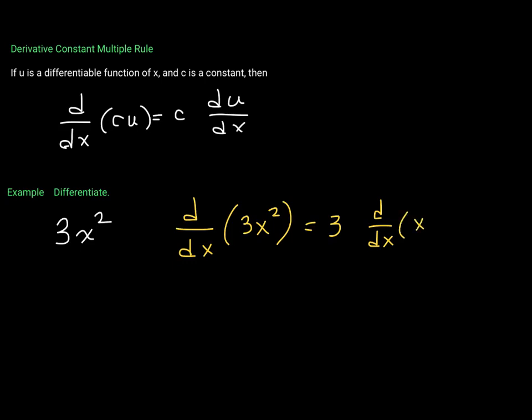The derivative of x squared. So 3 times the derivative of x squared. And so this is 3 times, and then we know what the derivative of x squared is by using the power rule. It is 3 times 2, x to the power of 1. So then this is really just 6x. This is the derivative of 3x squared.